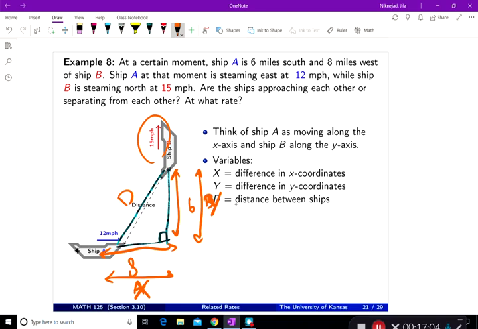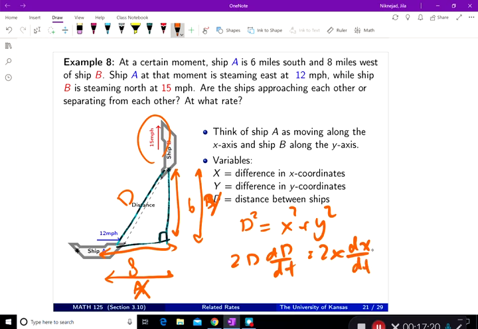And so, as we see in the Pythagorean theorem, d squared is equal to x squared plus y squared. Take the derivative, and you will see this. And that's, again, implicit differentiation, x, y, and d are all functions of t, function of time, and then you plug it in. Again, in here, a bunch of things are given.